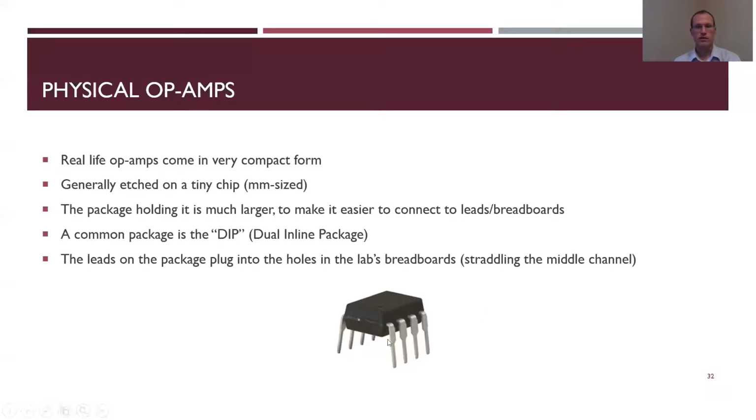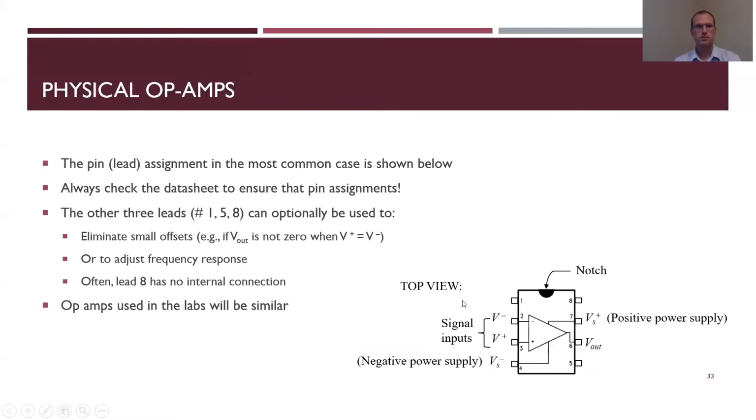There are a few other ways you can have op amps set up, but this is the one we'll be using. Usually you have a little notch, and that shows you which way to orient this. In terms of the pins, pin 1 doesn't really do much. Pin 2 is for my inverting input. Pin 3 is for the non-inverting input. Pin 4 is for the negative power supply. Pin 8 doesn't do much.